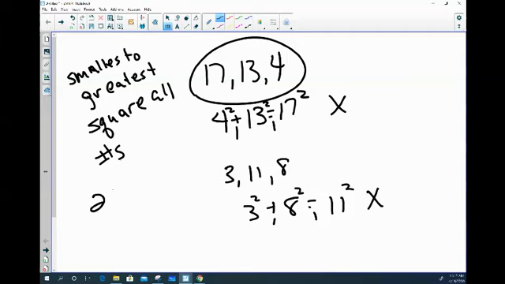The 2 smallest have to equal the largest. So we're given sizes of all 3 sides of my triangles. I'm going to put them in order, square those numbers, add the 2 smallest ones together. They have to equal the largest number. Okay.